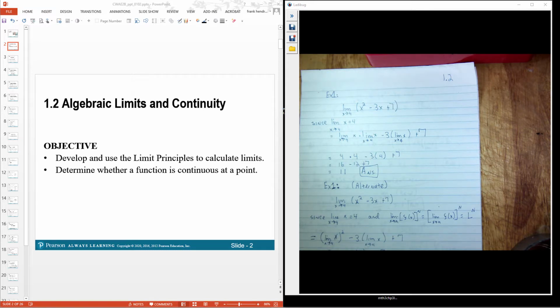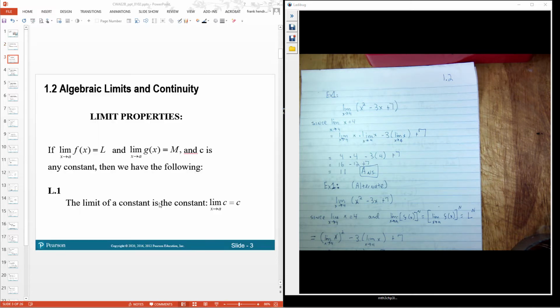Determine whether a function is continuous at a point. This first example here, let's go to the next page.